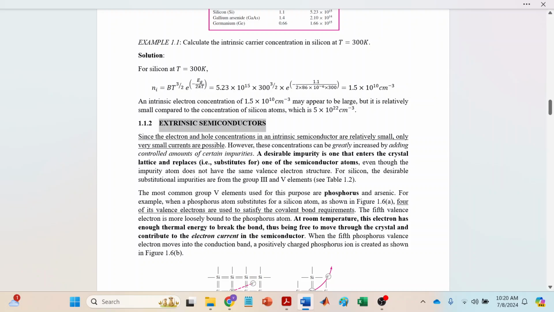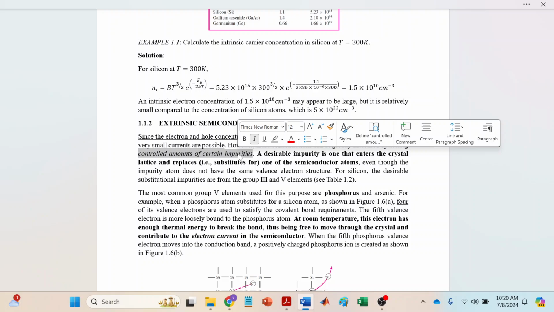So it turns out that the number of carriers can be increased by adding some controlled amount of certain impurities. Impurities in this case means either we add a group 3 atom or a group 5 atom. Remember, silicon is a group 4 atom.